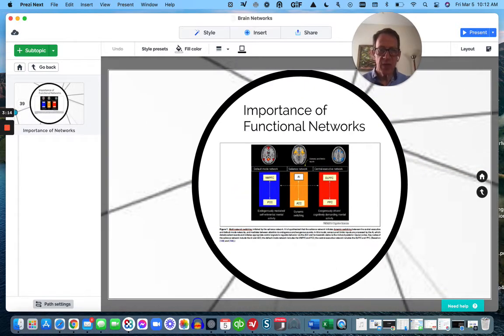As we talked about these networks, it's the importance of functional networks and how they are different in different regions of the brain. Again, on the left-hand side here, you see an image of the default mode network that connects the parietal cortex with the prefrontal cortex regions, dorsolateral prefrontal cortex regions. And that's one network.